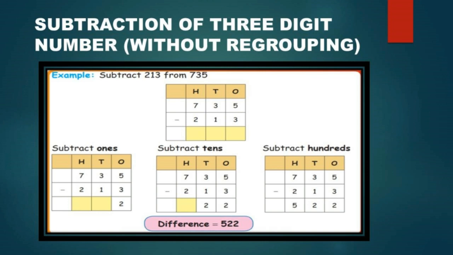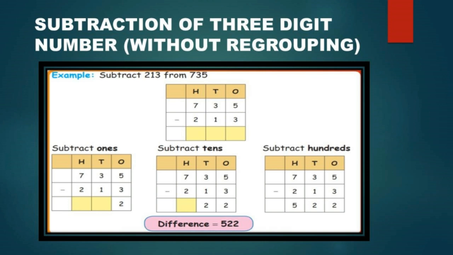Subtract 213 from 735. 735: 5 must be in ones place, 3 must be in tens place, and 7 must be in hundred place. Yes, similarly 213: 3 must be in ones place, 1 must be in tens place, and 2 must be in hundred place.